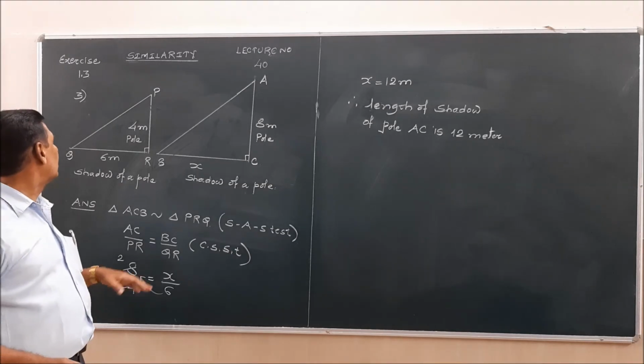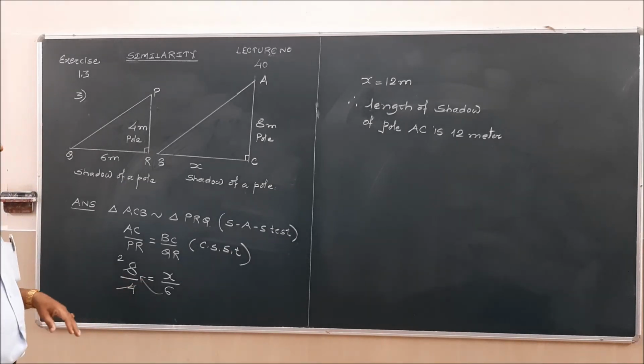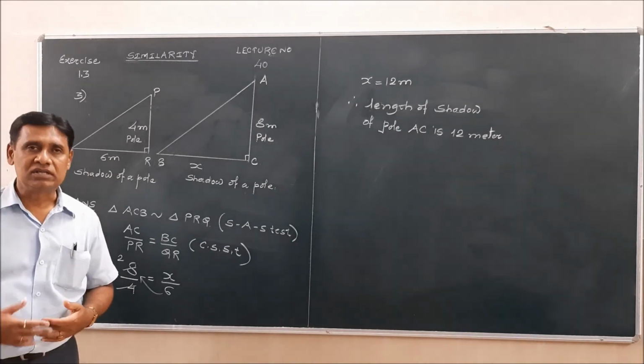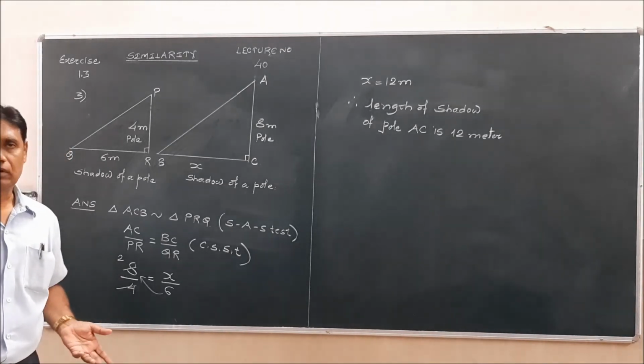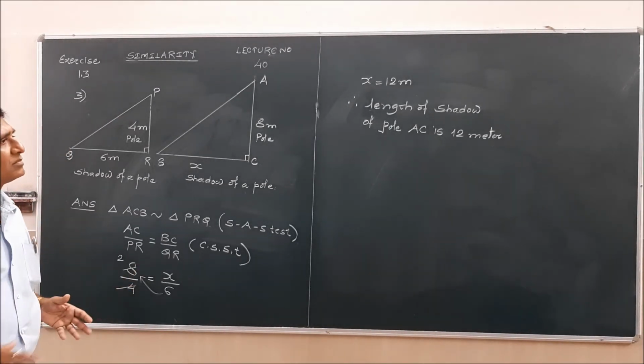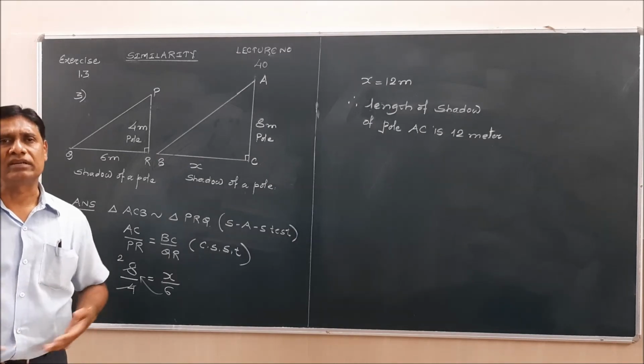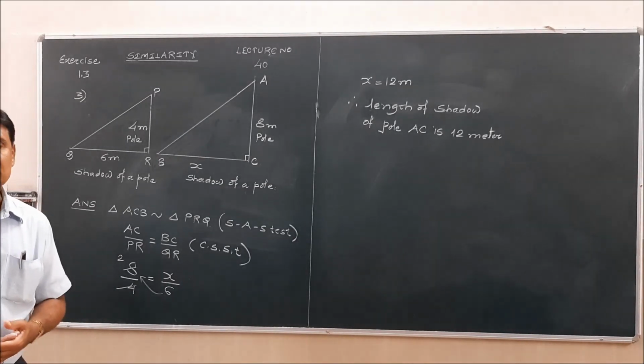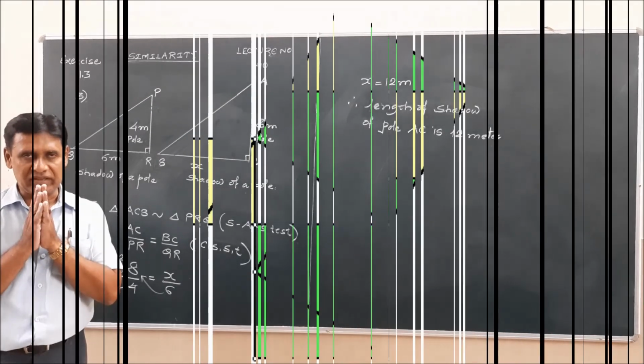This is how we have finished lecture number 40, that is exercise 1.3. Till now you must have found very simple sums. A little bit complicated sums will begin. That's all for today. Thank you very much.